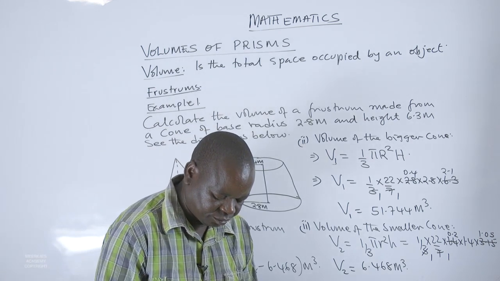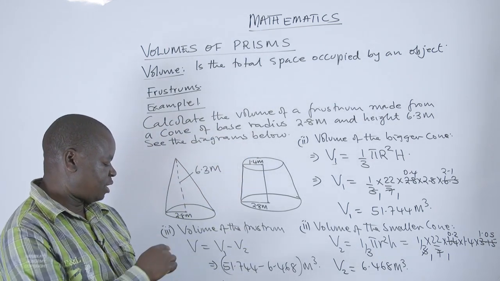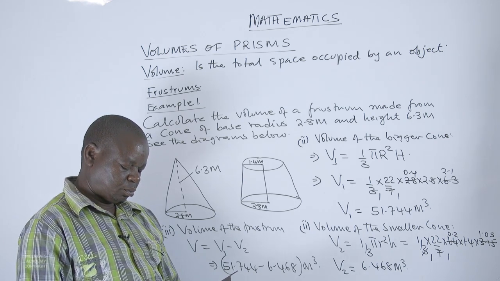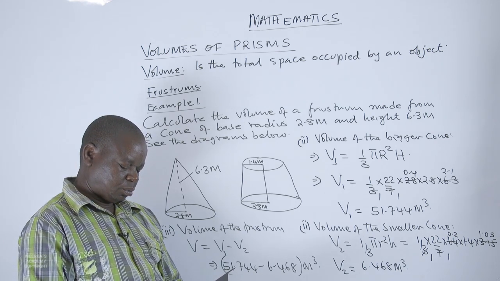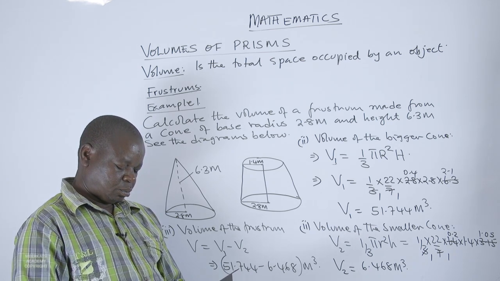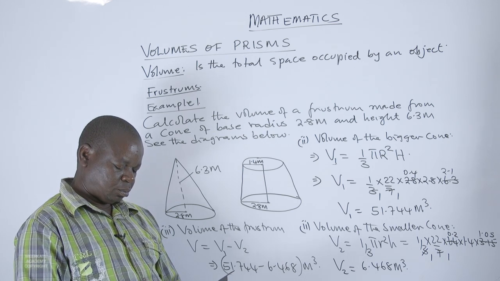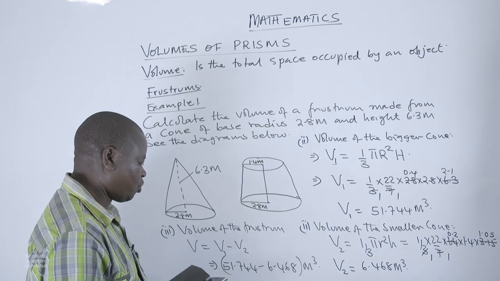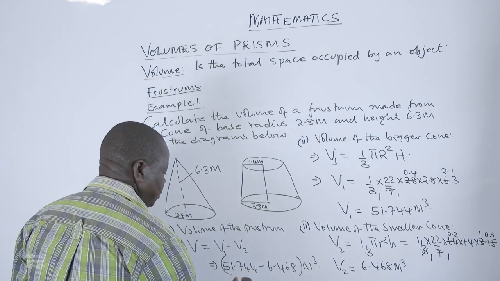When you subtract the two, you get 45.28 correct to 2 decimal points.